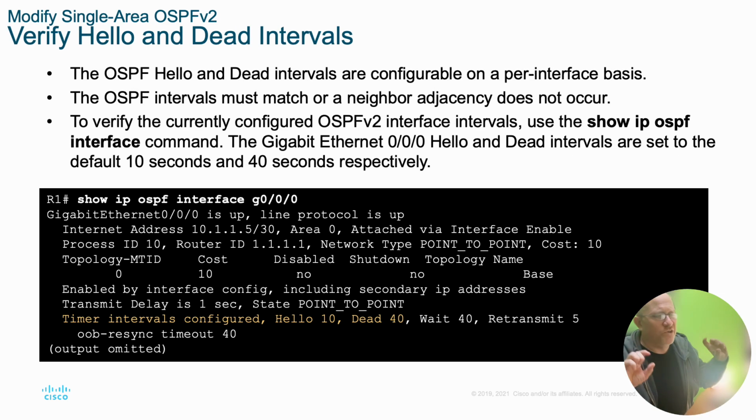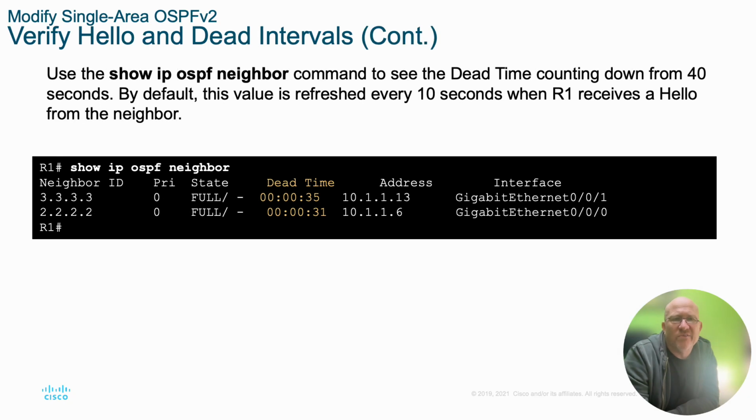And if you've got two connections and one of them's got the wrong hello timer, that will bring the connection down as well. So once you configure the hello and dead interval timers, you've got to make sure that either side understands that it's going to be operating, whether it's faster or slower.